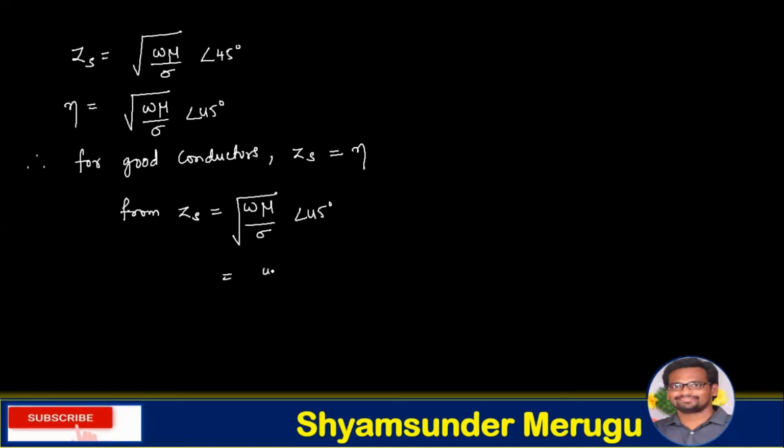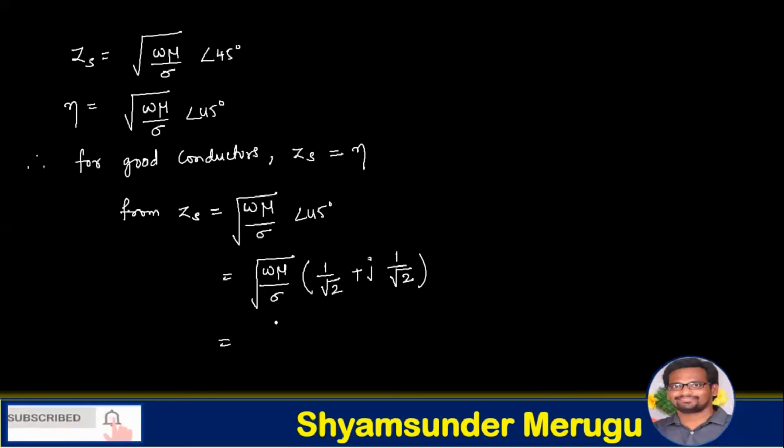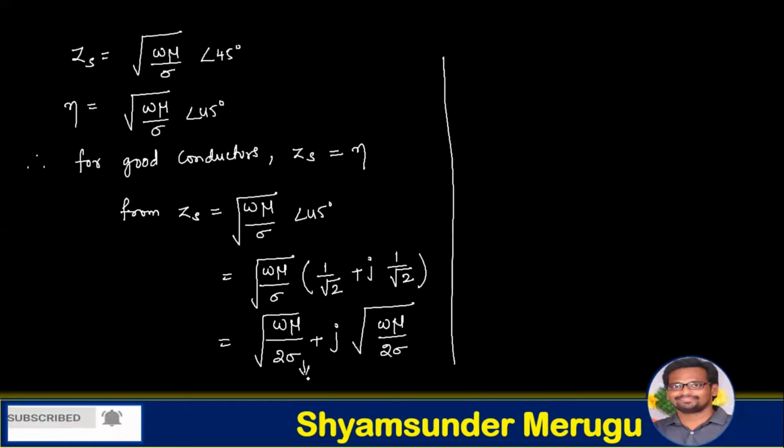And also we can go further from Zs equals square root of omega mu over sigma angle 45. We can write this expression as square root of omega mu over sigma, and we are writing this angle 45 as 1 over root 2 plus j 1 over root 2. And we are multiplying this term inside so that we get square root of omega mu over 2 sigma plus j square root of omega mu over 2 sigma. Here we consider the first one as the real part and the second one as the imaginary part.